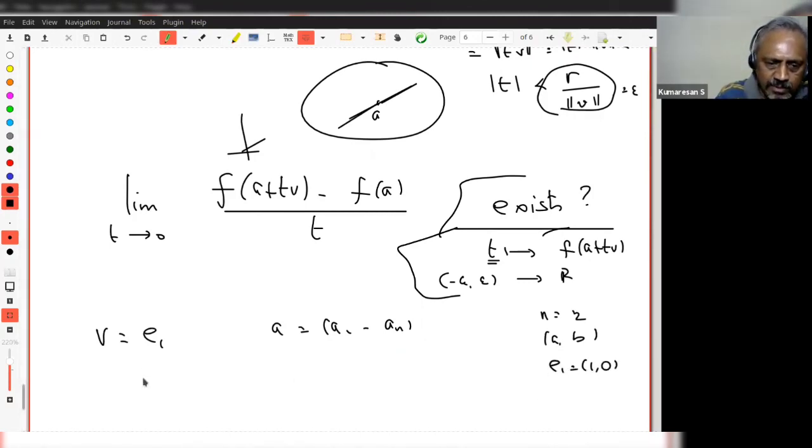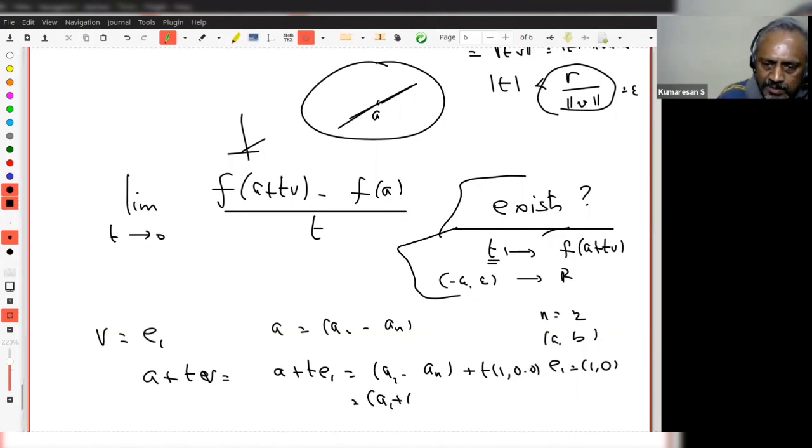Therefore, what will be a plus te1, that is a plus tv? That is a1 to an plus t times e1, that is (a1 plus t, a2, ..., an). In the case of n equal to 2, it is a plus t comma b.